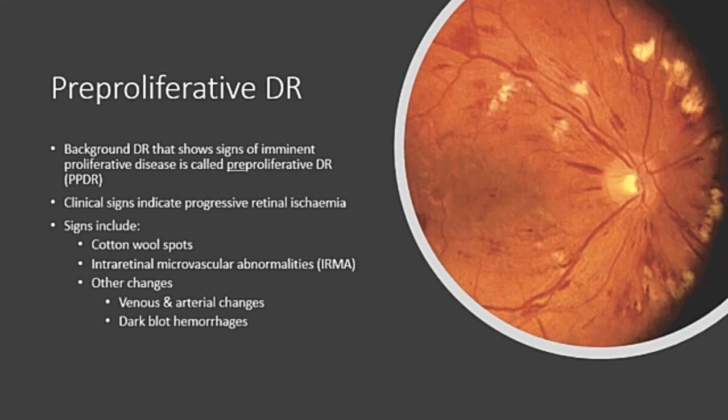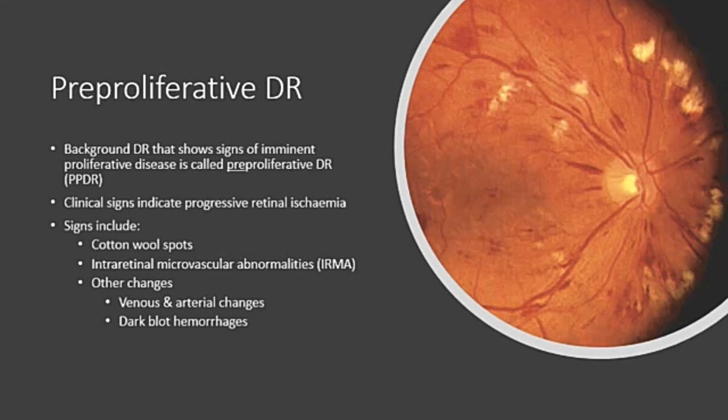Signs include cotton wool spots, intraretinal microvascular abnormalities, or IRMA, and vein and artery changes and dark blot hemorrhages. The risk of progressing to proliferative diabetic retinopathy depends on the number of lesions seen on the retina, and you can actually have proliferative disease in one eye and pre-proliferative in the other.